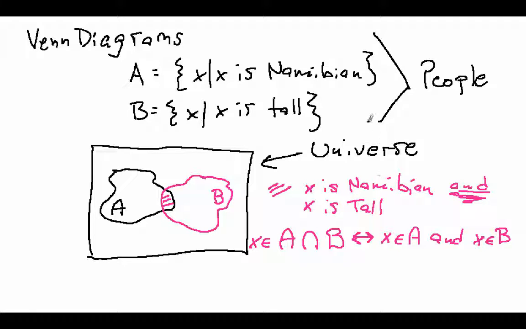Suppose A is the set of all X such that X is Namibian, B is the set of all X such that X is tall, and maybe C is equal to the set of all X such that X is Kenyan.